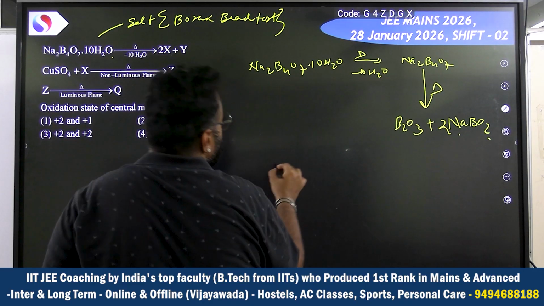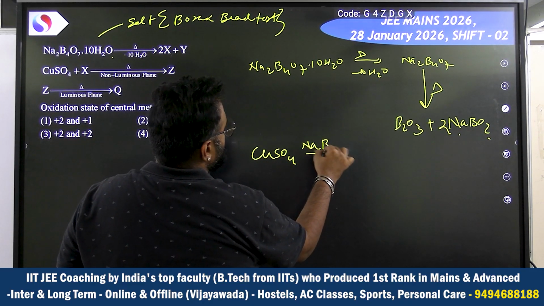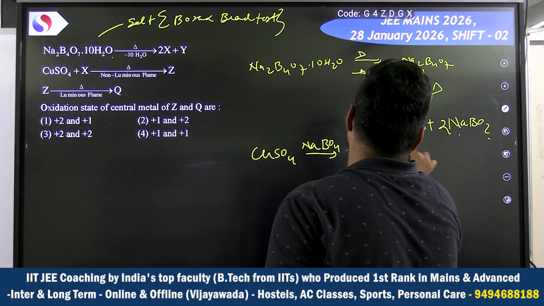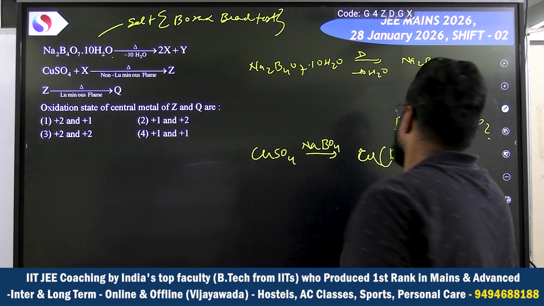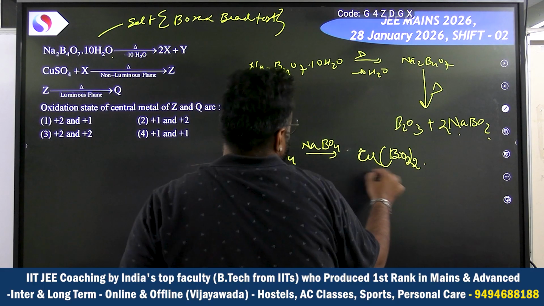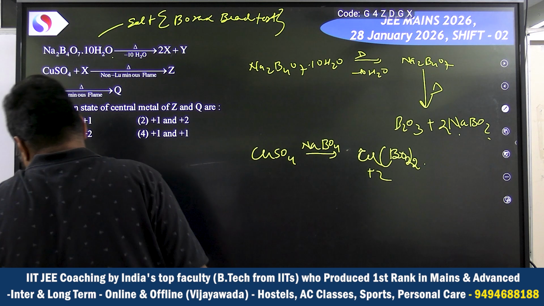This sodium metaborate is reacted with copper sulfate to produce copper metaborate, under oxidizing flame and under reducing flame. So copper metaborate is +2 oxidation state, and this is further heated.